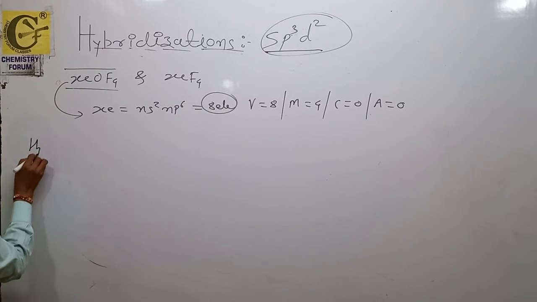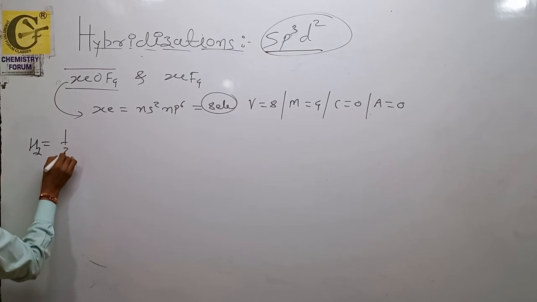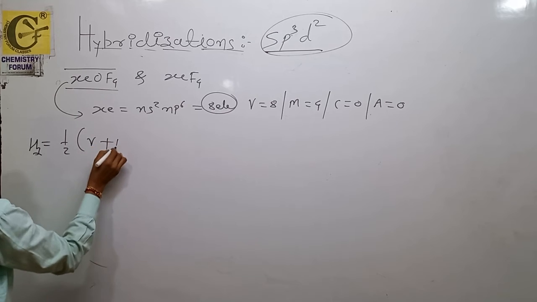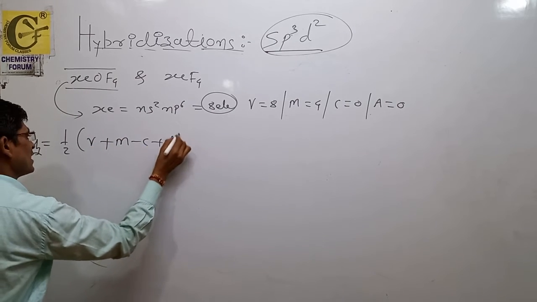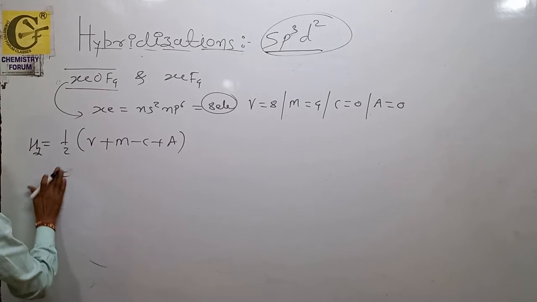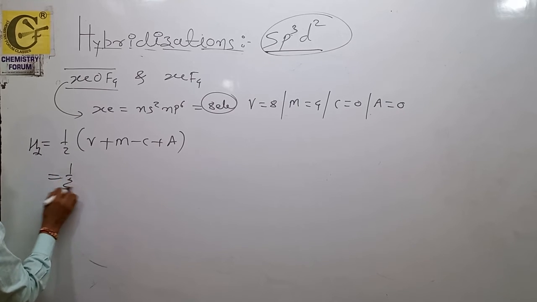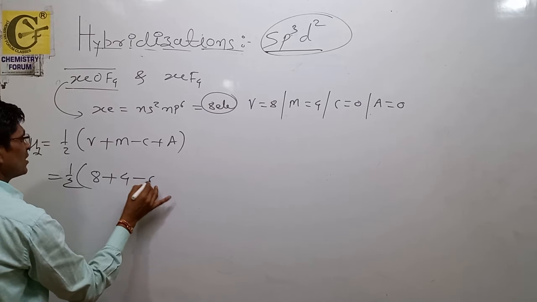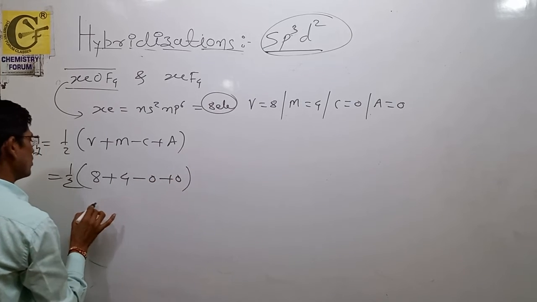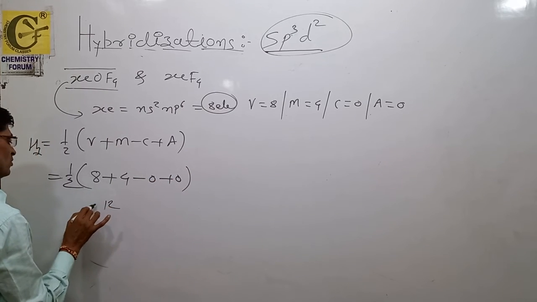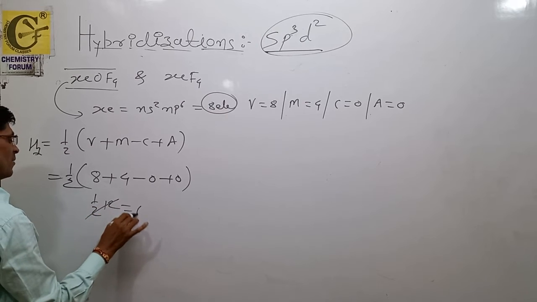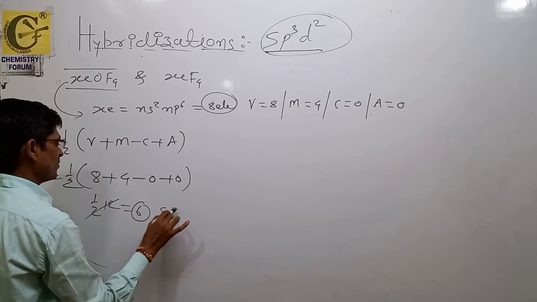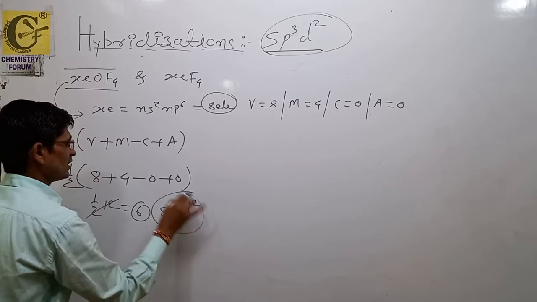This is the formula for calculating hybridization: 1 by 2 (V plus M minus C plus A). The valence electrons are 8, monovalent 4, cation 0, anion 0. 8 plus 4 is 12, divided by 2, the answer is 6. Means the hybridization is sp3d2.